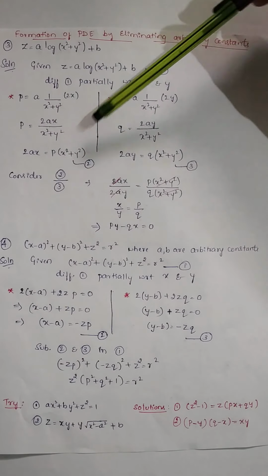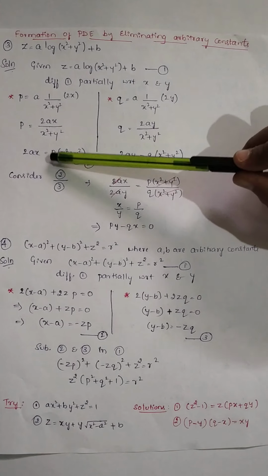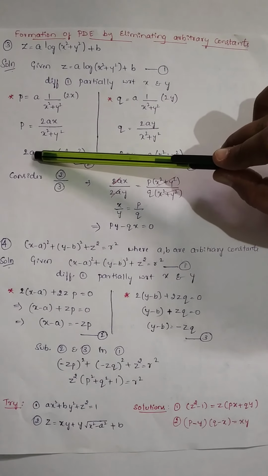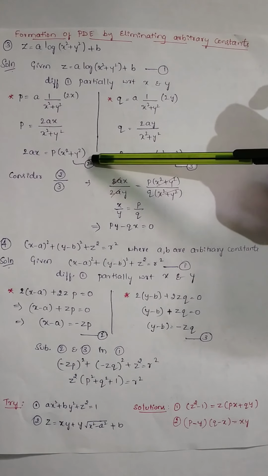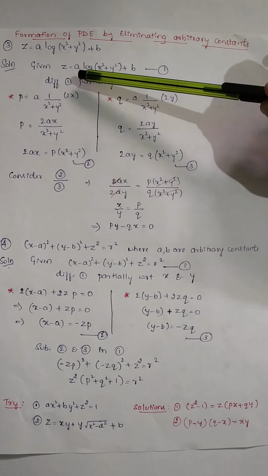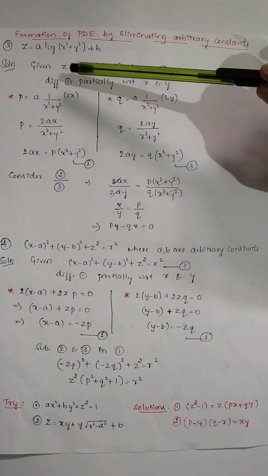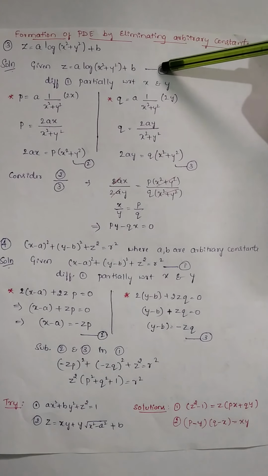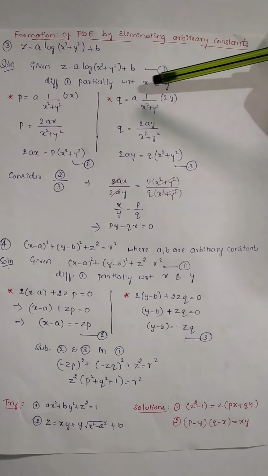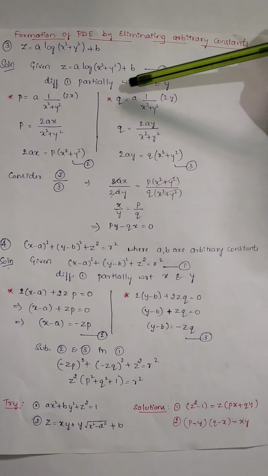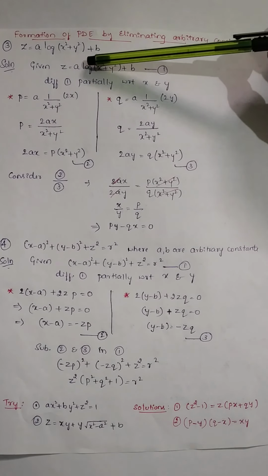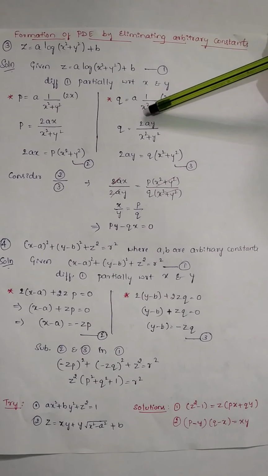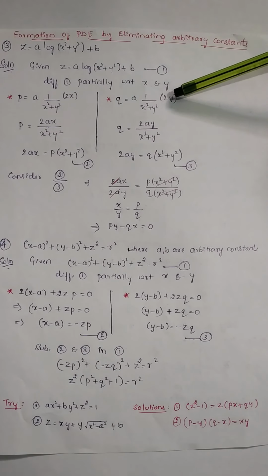Now b is already removed, and next we need to remove a to write the PDE. Call this equation 2, and then consider differentiation of 1 partially with respect to y. So LHS will be del z by del y is equal to a as it is, again the log formula 1 by x, and by chain rule differentiation of y square is 2y.